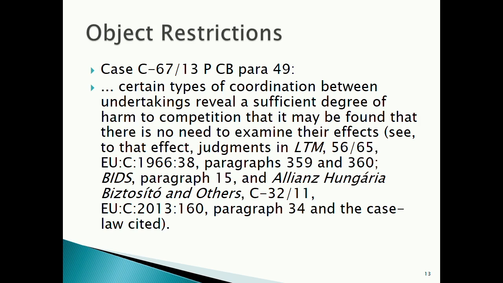But to say "I know it when I see it" is very vague as a legal criterion, correct? Very vague. So what precisely is it, and how do we see it?